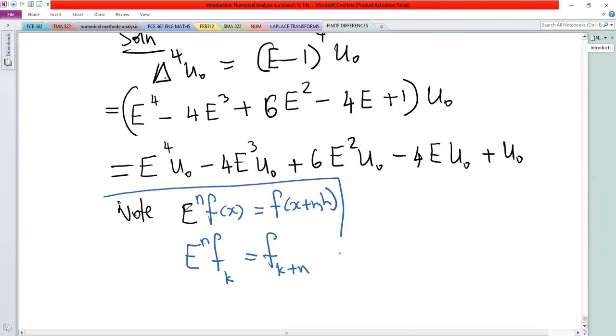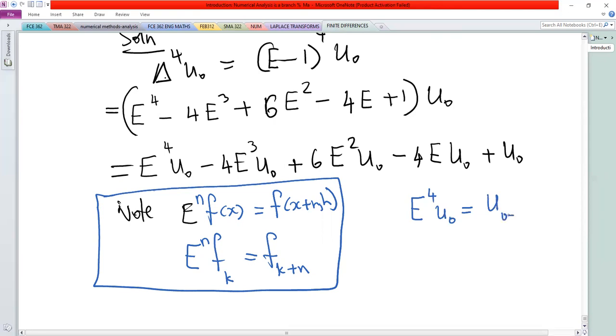So this result is going to help us reduce these terms. So E power 4 U naught is the same as U naught plus 4, which is the same as U4. E power 3 U naught is the same as U naught plus 3, which is U3.